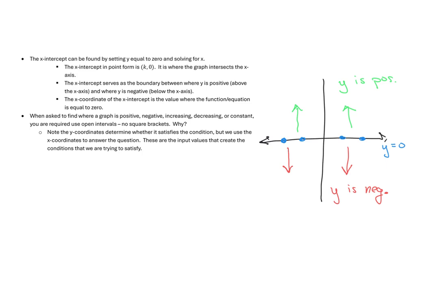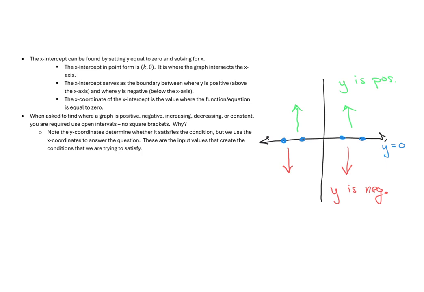Now, the other thing that we want to keep in mind is when we look for positive, negative, increasing, decreasing, or constant, the y-coordinates determine whether it satisfies the condition, but we use the x-coordinates to answer the question. These are the input values that create the conditions that we are trying to satisfy.